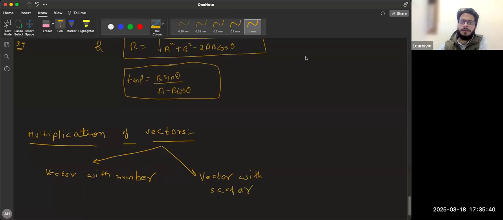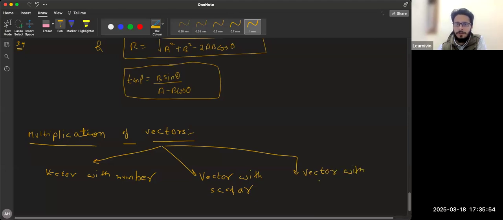And the major part is multiplication of a vector with a vector. These are the types of multiplication.